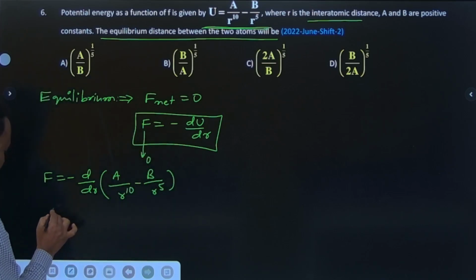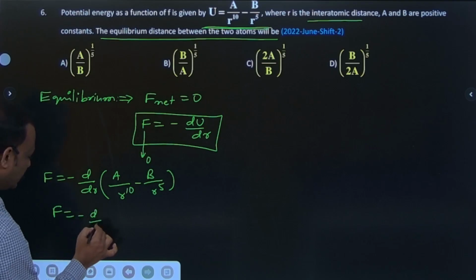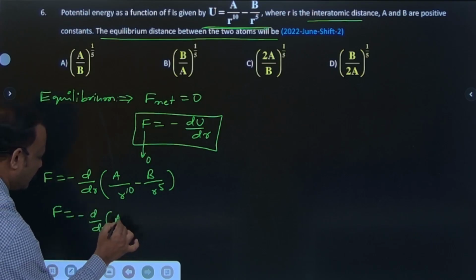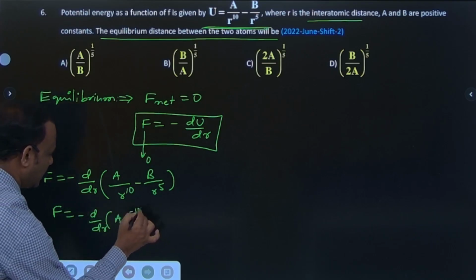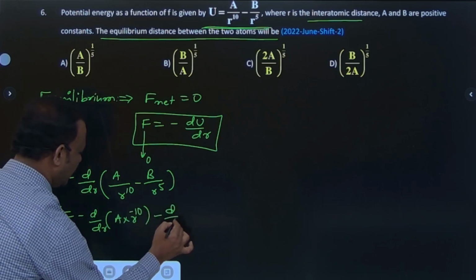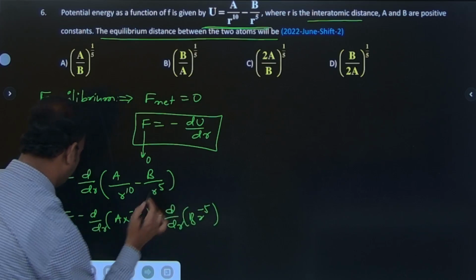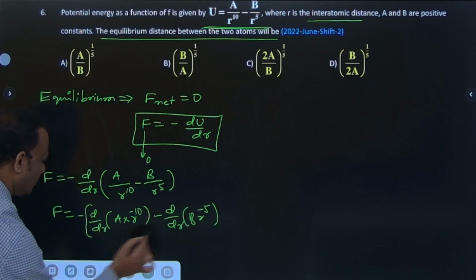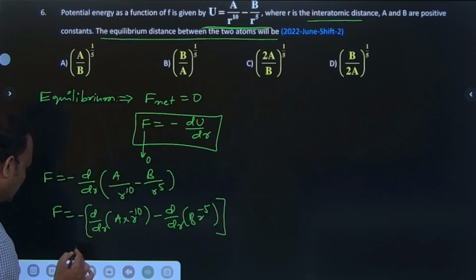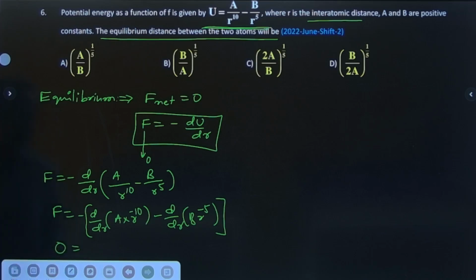F is equal to minus d by dr times A into r power minus 10, minus d by dr times B into r power minus 5, and this is equal to 0.